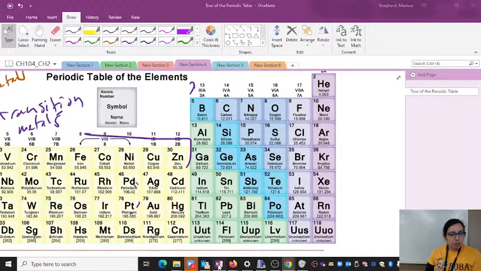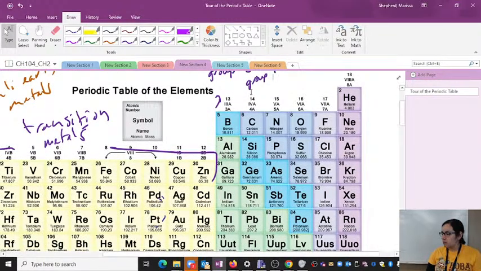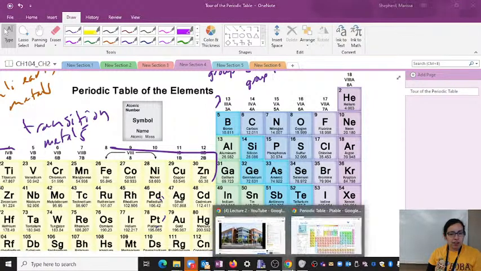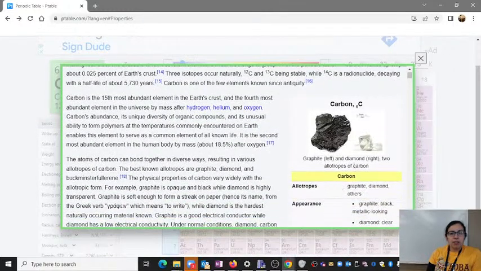So let's move over to group 4 now. Of course we have carbon, so we're carbon-based life forms. The interesting thing about carbon is that it has a really small radius, smaller than you would predict, and that is part of why we're carbon-based life forms.